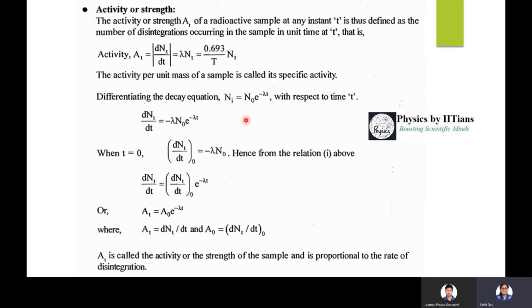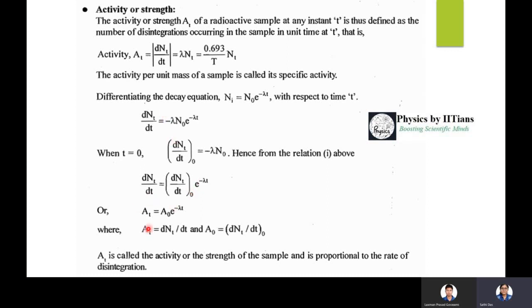Now if you relate this activity with the decay equation, what will you get? First take the decay equation, N(t) equals N naught e to the power minus lambda t, and differentiate with respect to time. So dN by dt equals minus lambda into N naught e to the power minus lambda t. At t equals 0, dN by dt at 0 time equals minus lambda N naught. So you can write dN by dt equals dN by dt at 0 into e to the power minus lambda t.